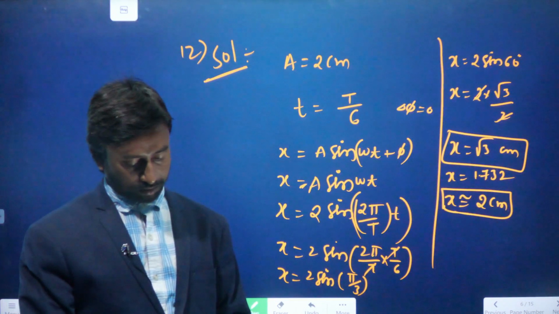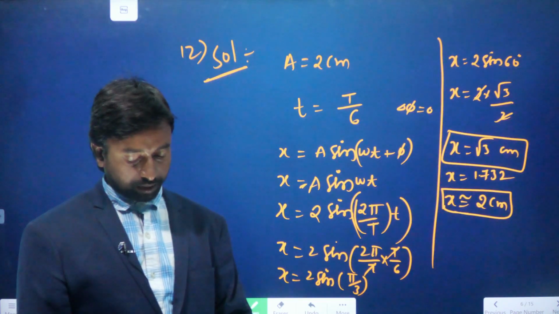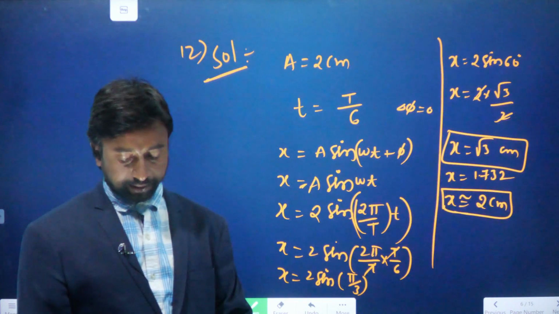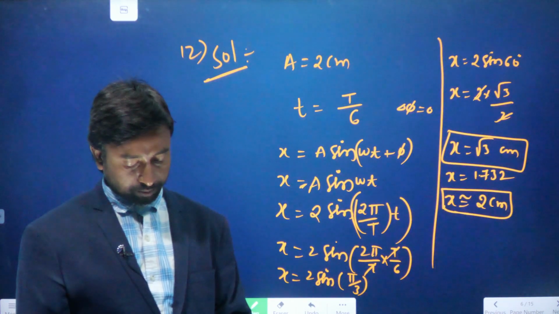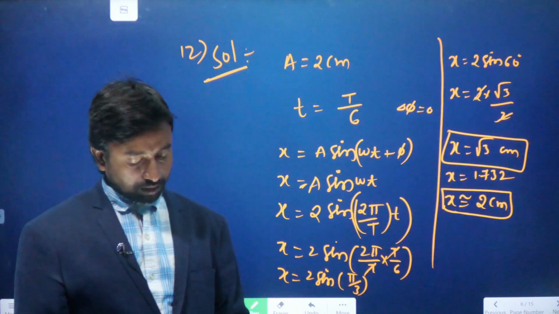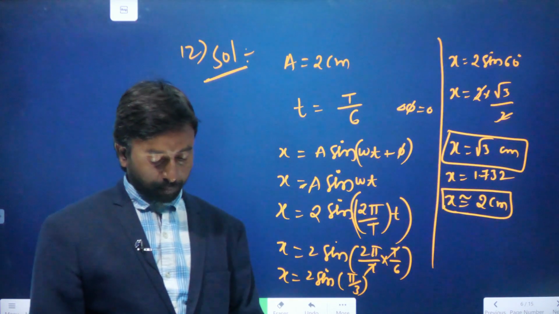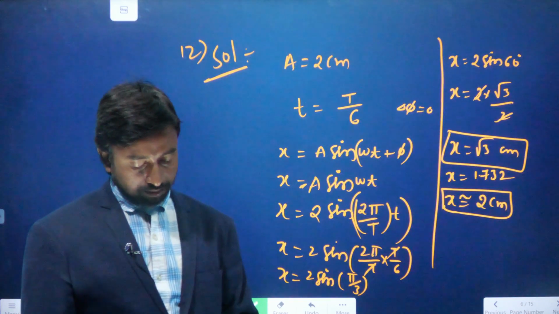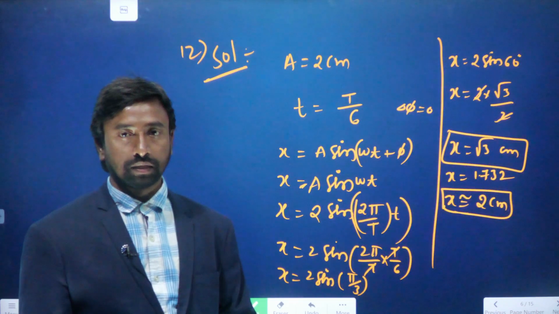Next question, 13th one. The displacement of a particle executing SHM at any time t seconds is x is equal to 0.01 sin of 100 pi t plus 0.05. Then its time period will be.